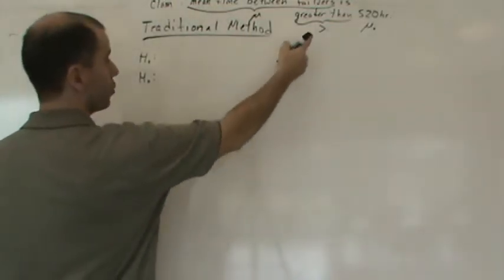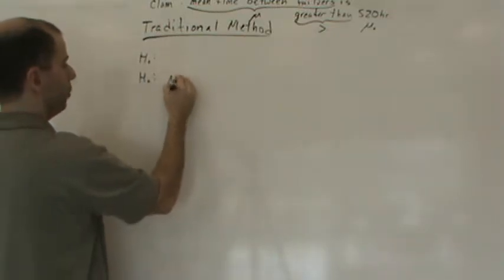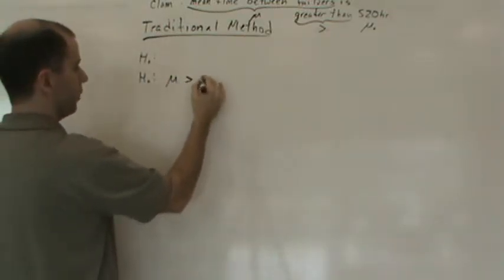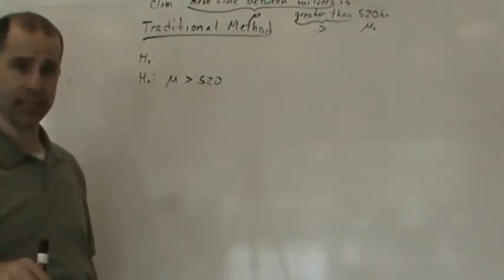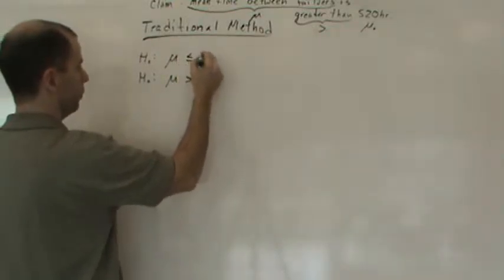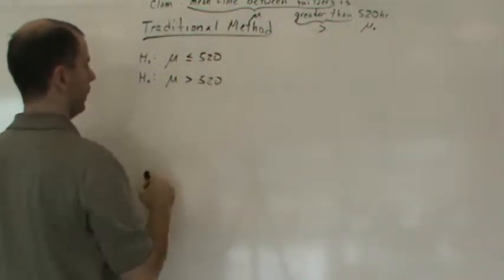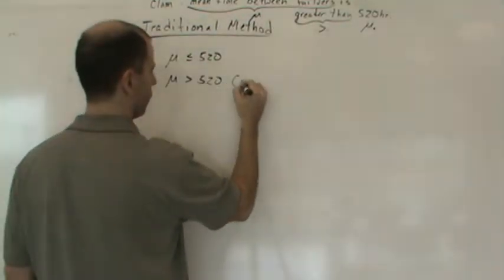That's our mu naught. Since this is greater than, it's going to be the alternative hypothesis. So we have mu is greater than 520 versus mu is less than or equal to 520. In this case, the claim is the alternative hypothesis.